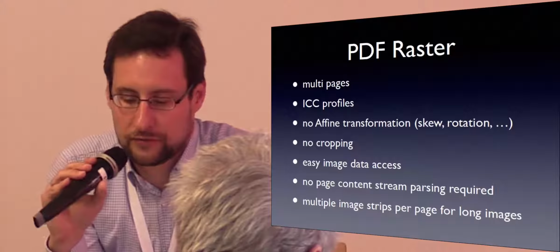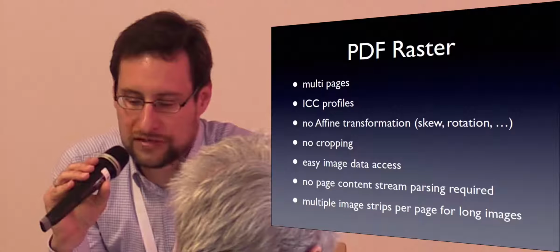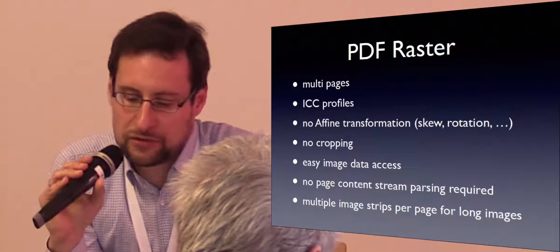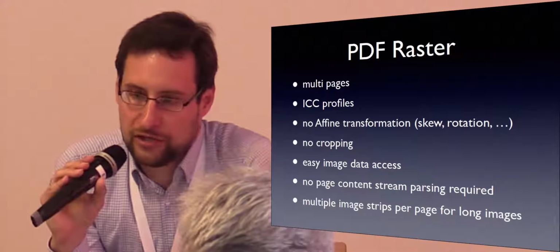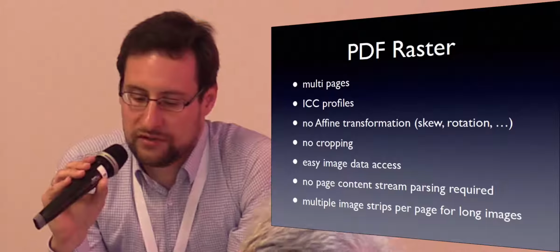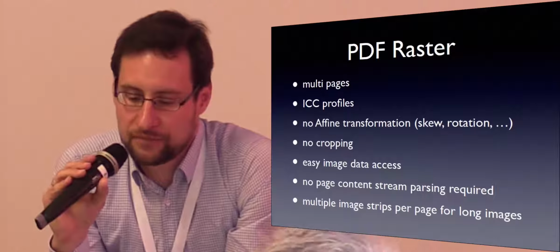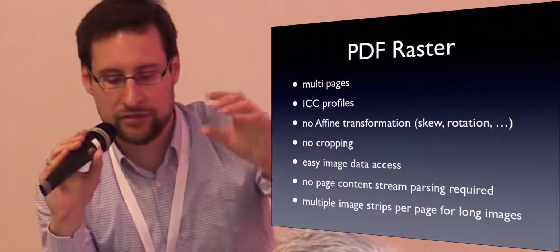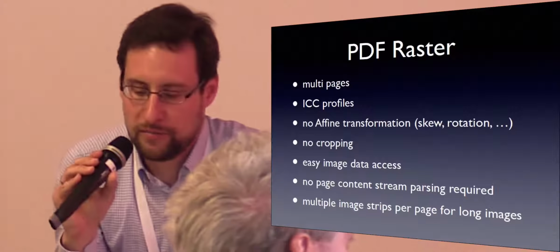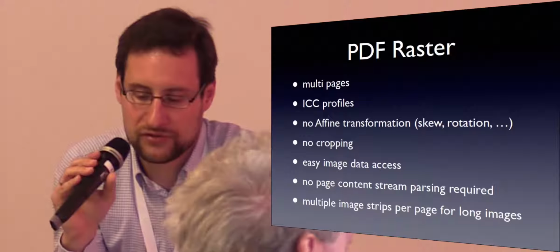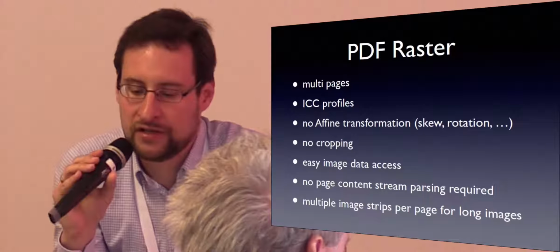If not, you can ask me to outline this in more detail. There is a page content stream, but the only operators allowed are those necessary to display the images next to each other, on top of each other, to make normal PDF viewers and tools use the images.